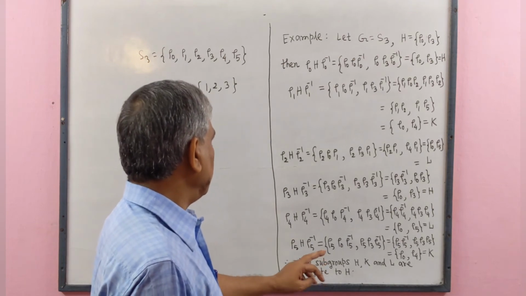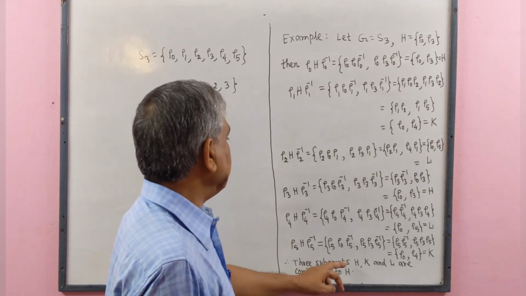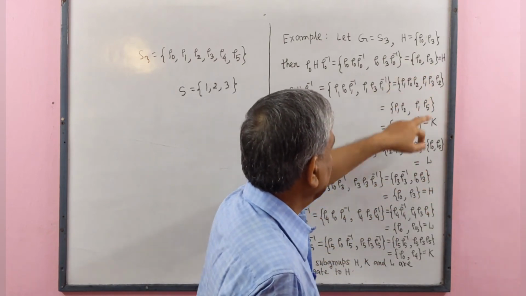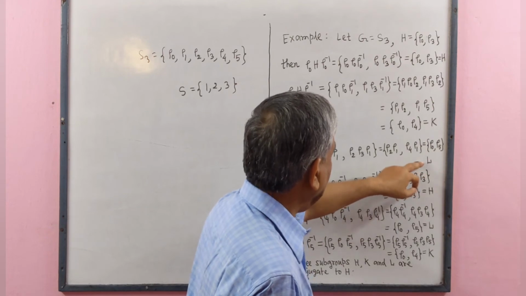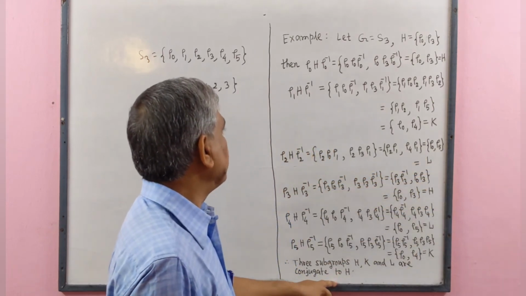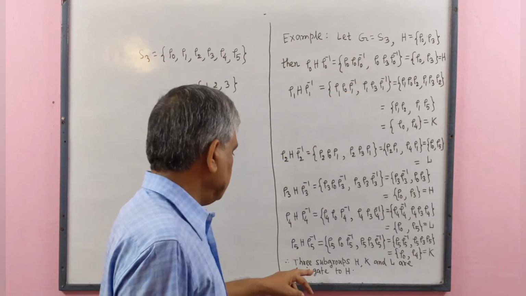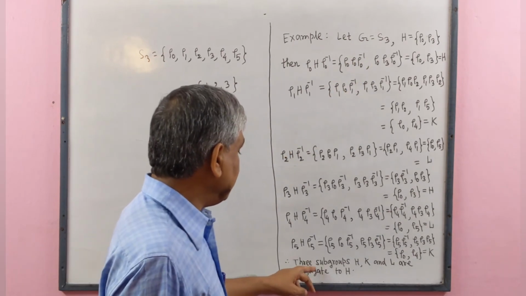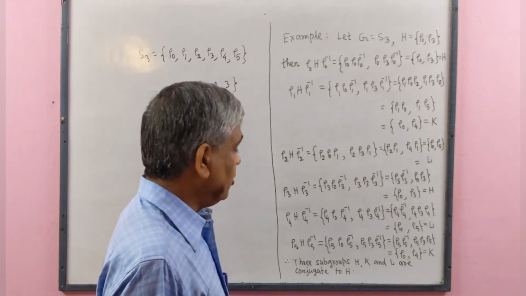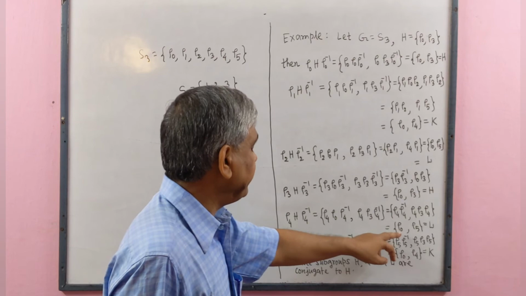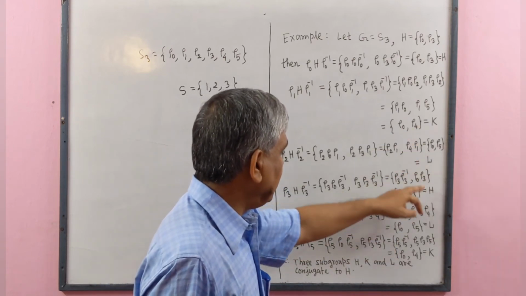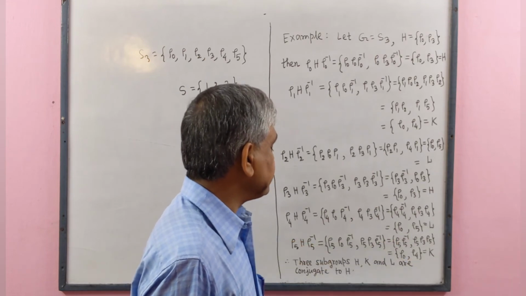Therefore, we get three subgroups H, K, L, which are conjugate to subgroup H. Here we have seen that H, K, L are three sets.